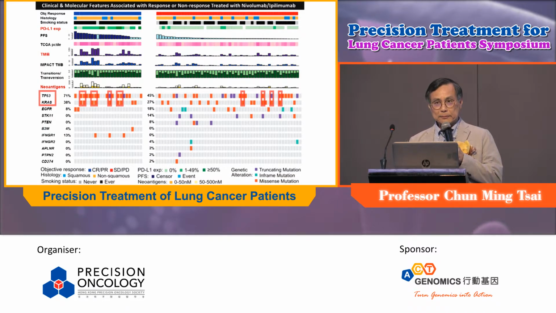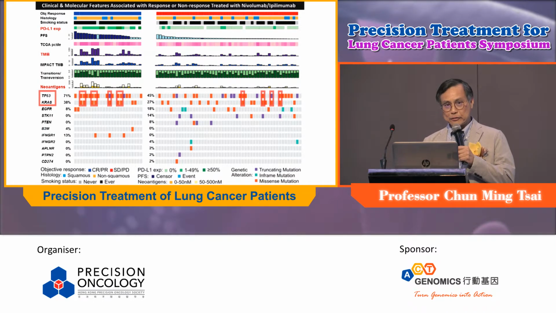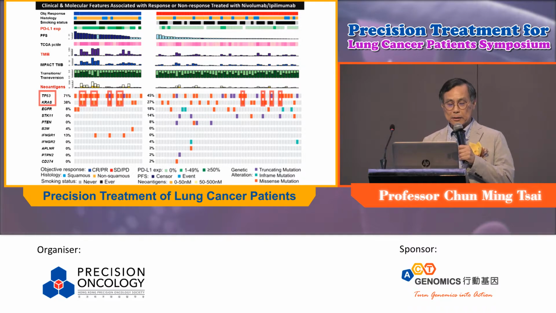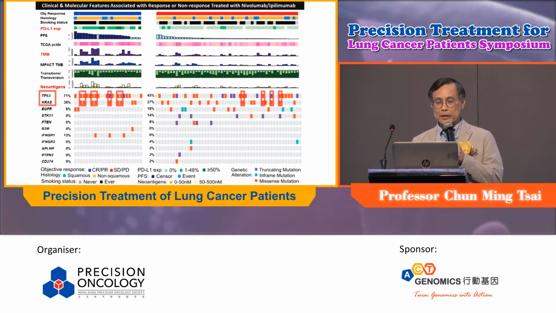But TP53 is not so bad. Sometimes it gives good guidance for immunotherapy. For example, if TP53 has a co-occurring mutation with KRAS, these kinds of patients are more likely to respond to immunotherapy, particularly immune doublet, using anti-PD-L1 or PD-1 plus anti-CTLA-4.